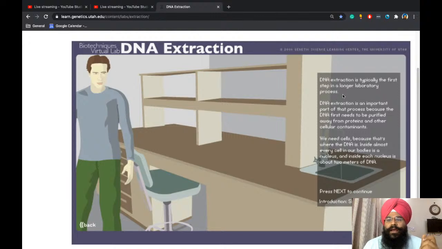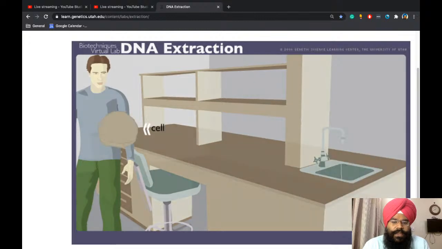DNA extraction is typically the first step in a longer laboratory process. DNA first needs to be purified away from proteins and other cellular contaminants. Inside the nucleus, about 2 meters of DNA is present, and we need to extract that also.